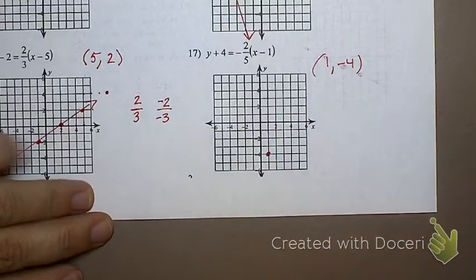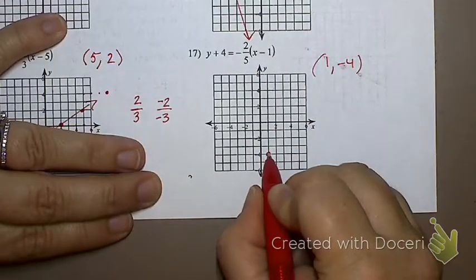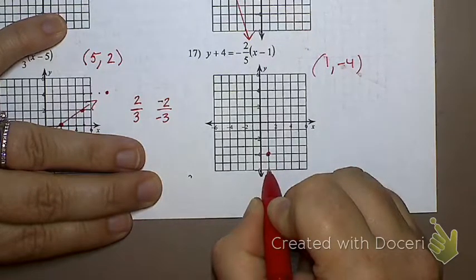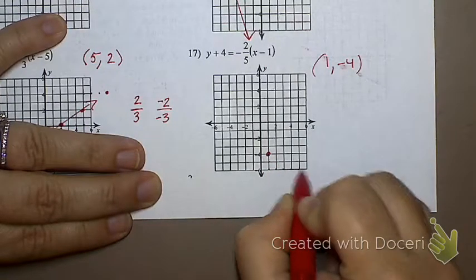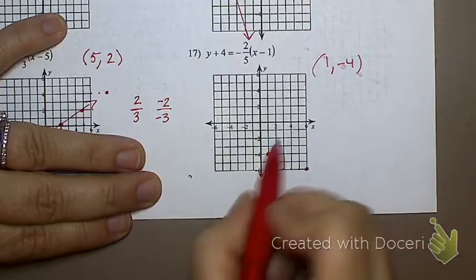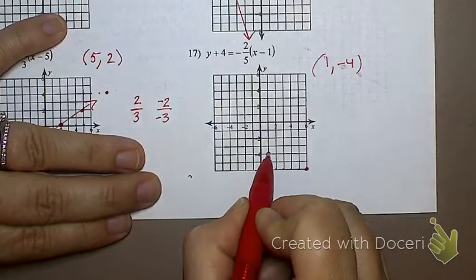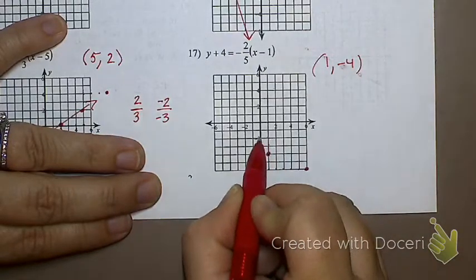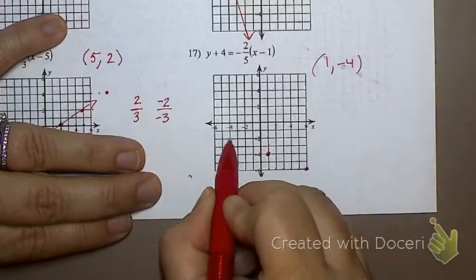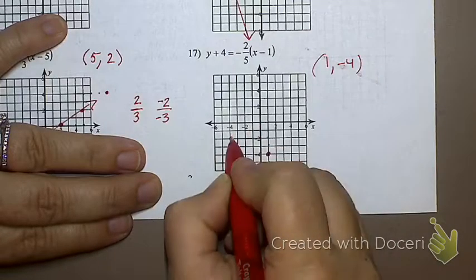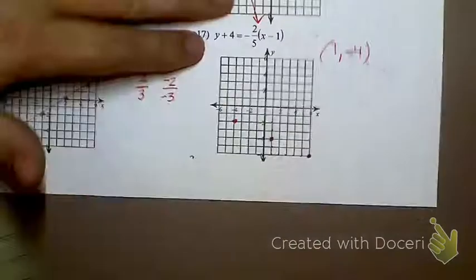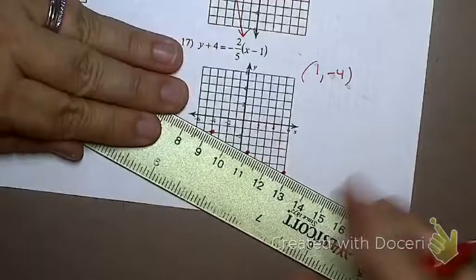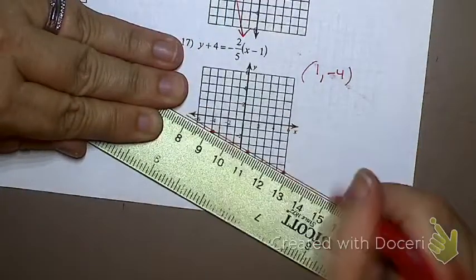And what's my slope? -2/5. So that's down 2. And then 1, 2, 3, 4, 5. I can only fit one more. Where would I find the other point? Up 2, left 5. Because that follows in line with what I've got here, right? Draw my line in. And I'm good to go.